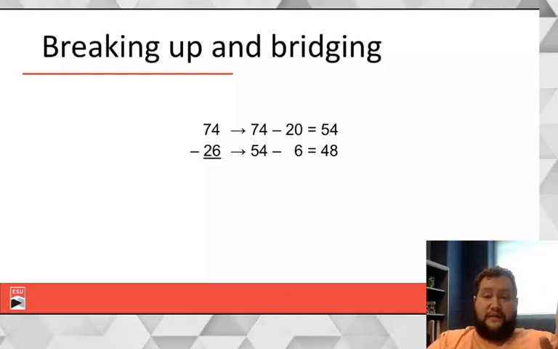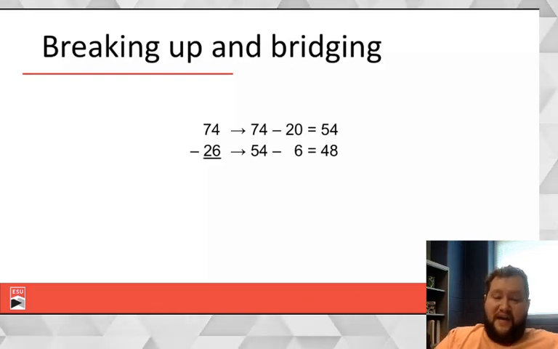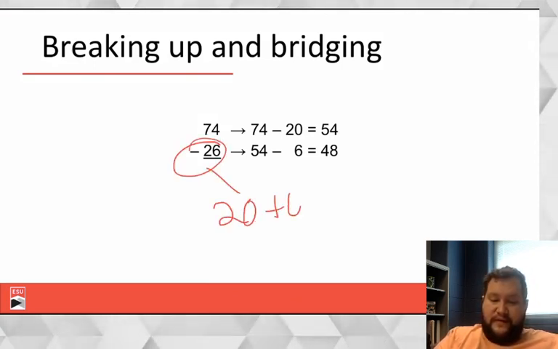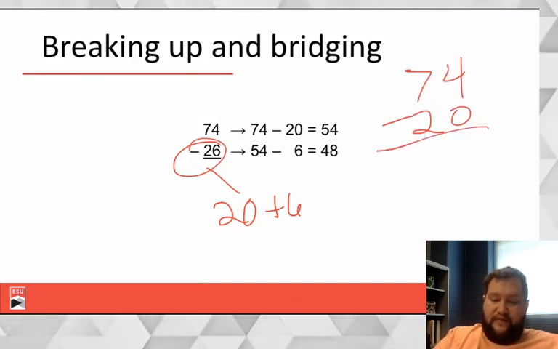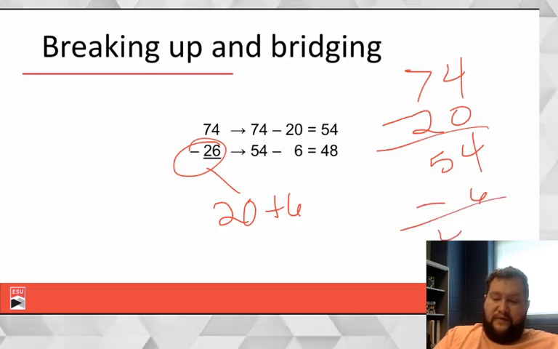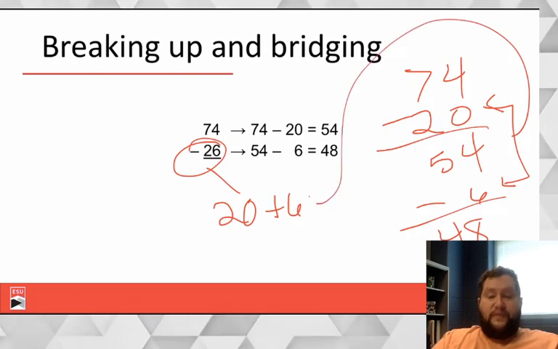What we're going to do first is say, well, 26 is 20 plus 6. And so I'm going to do 74 minus 20, which is 54. And then I'm going to subtract the 6, which is 48. And because those two numbers came from here, we know that our result, 48, is what we wanted to see.